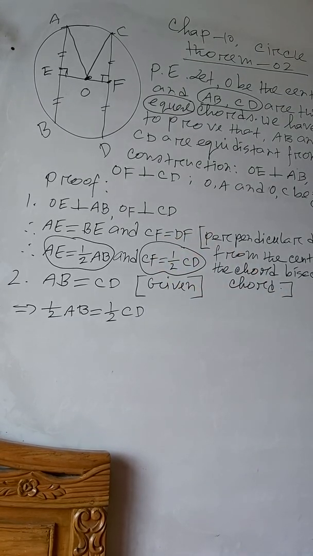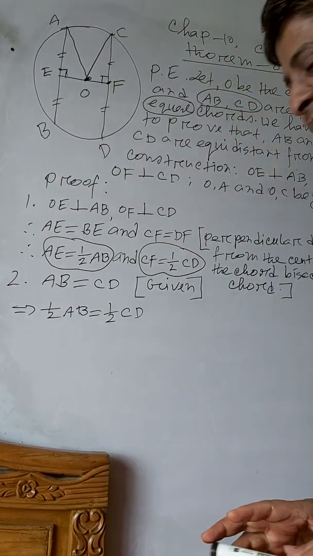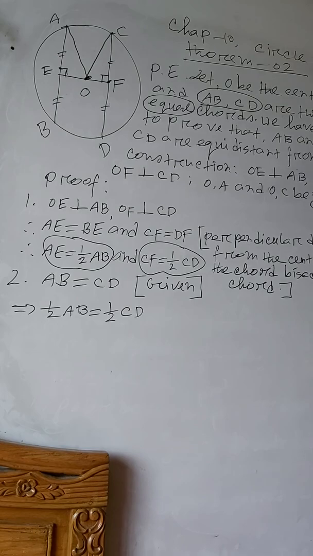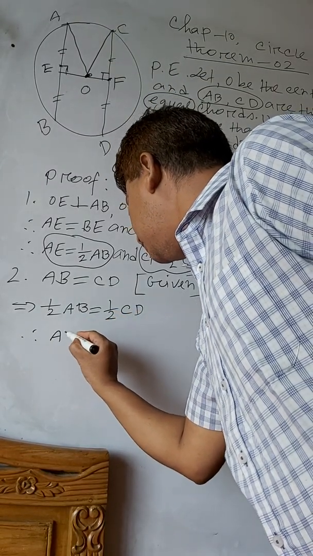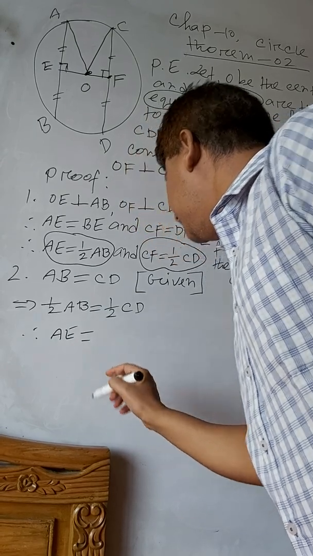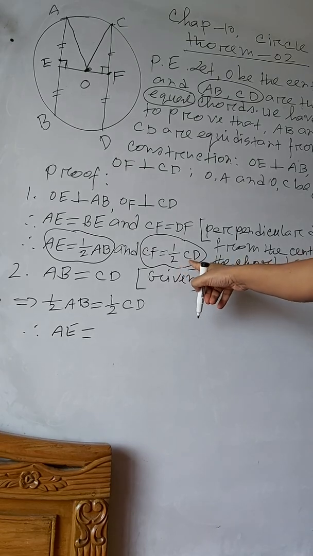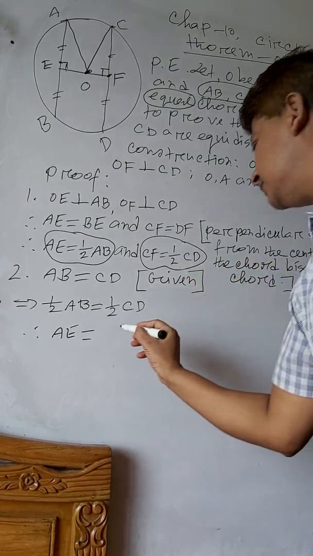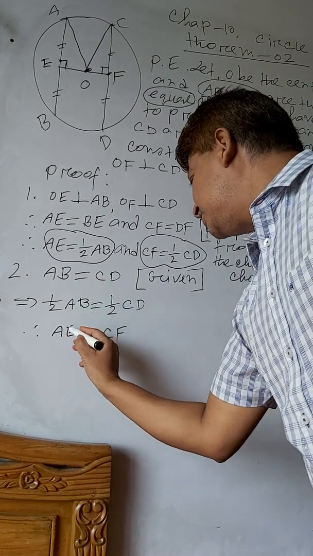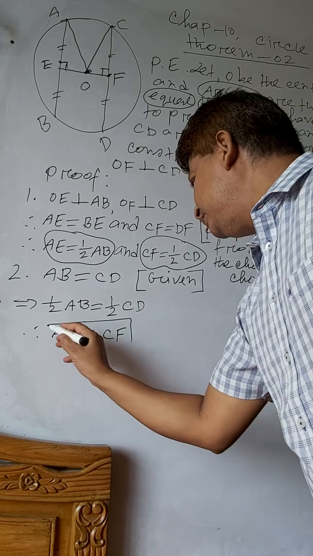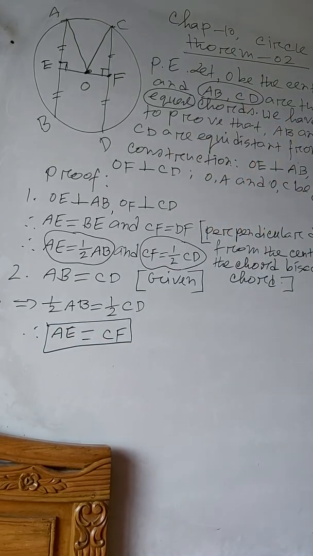Therefore, half of AB can be written as AE, and half of CD is CF. So this is the new condition: AE equal to CF.